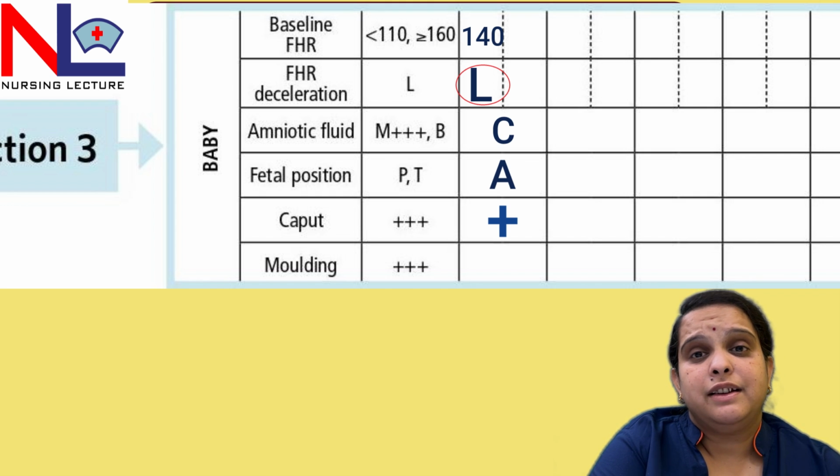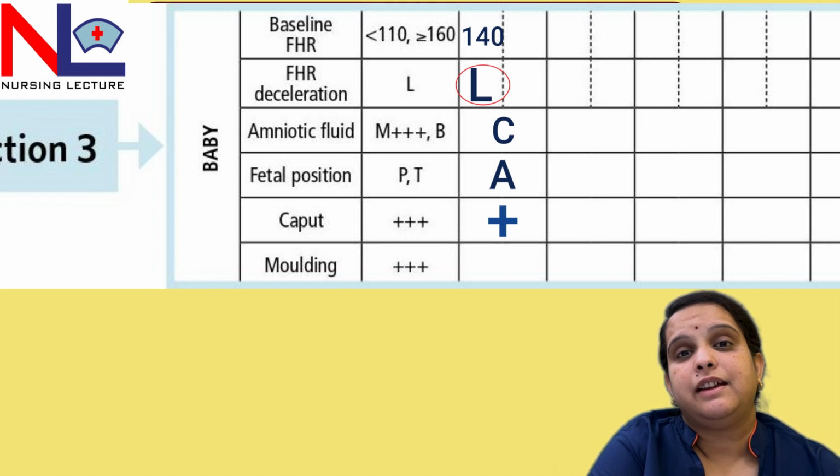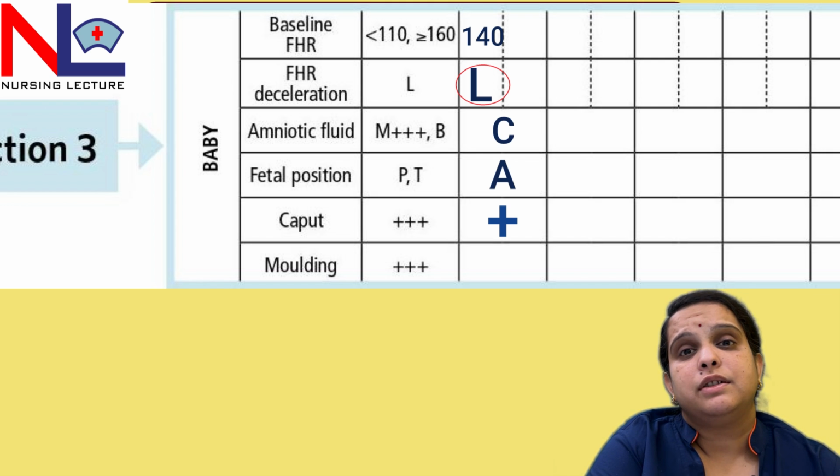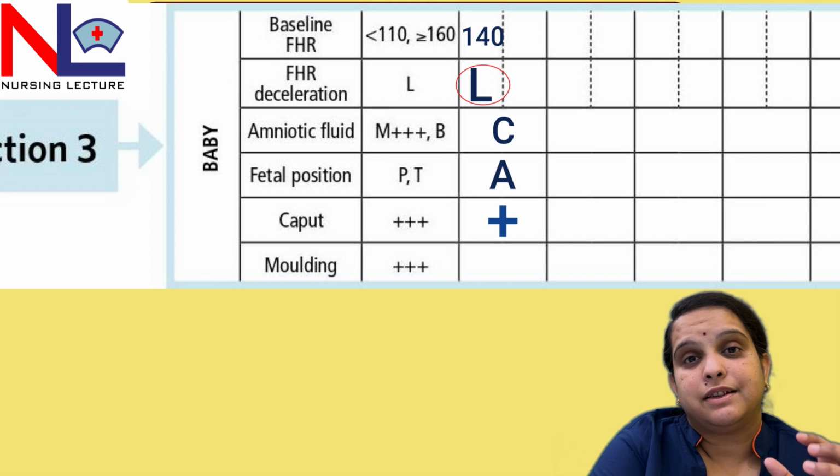Next is the molding. Molding is again the overlapping of sutures, and it can be written as 0, +1, +2, +3.